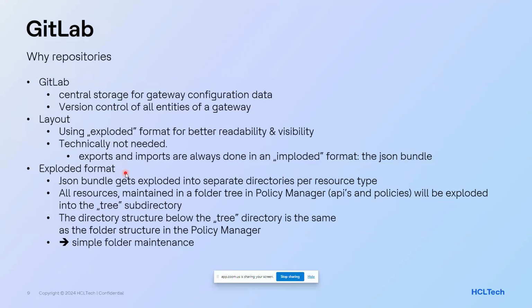file. So when you explode an export of a gateway, which consists of cluster-wide properties, you will have a subdirectory called cluster properties. And in that directory, you will have as many files as you have cluster properties on your gateways.